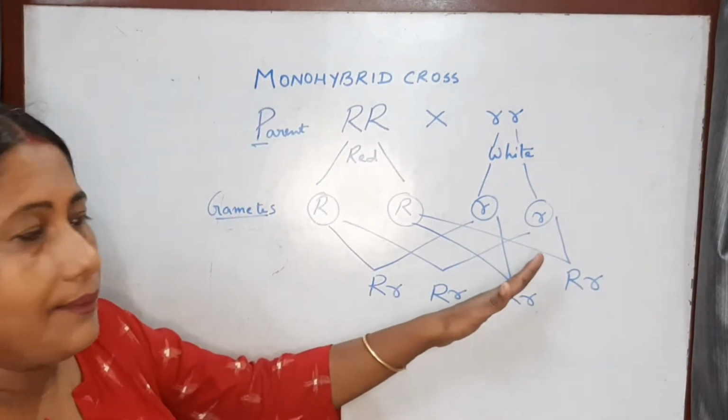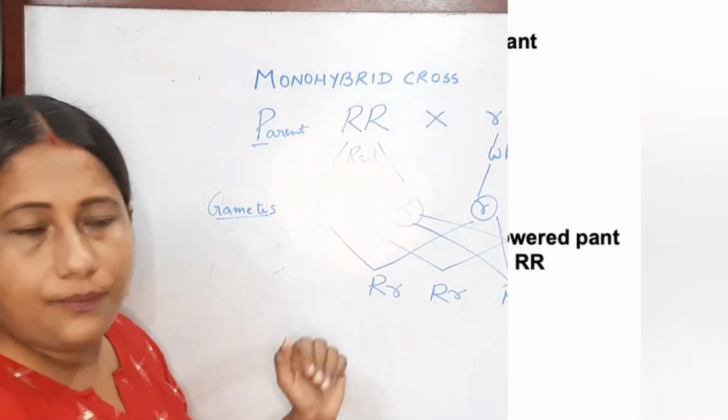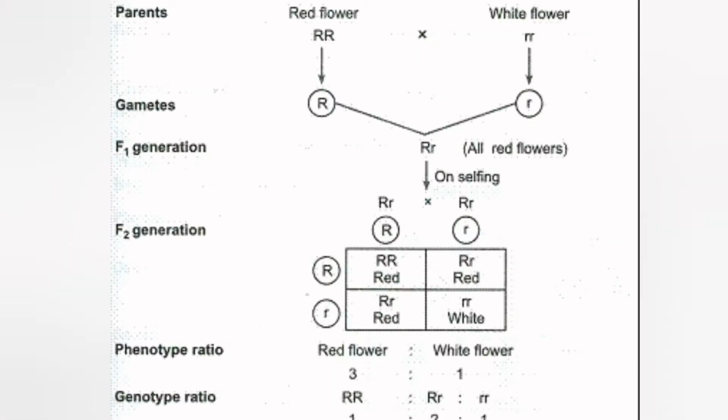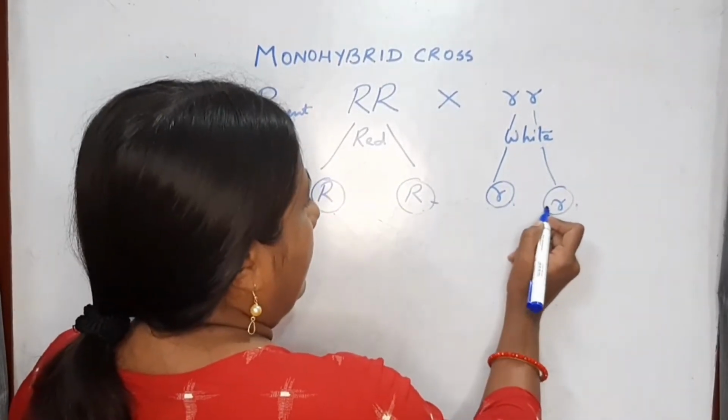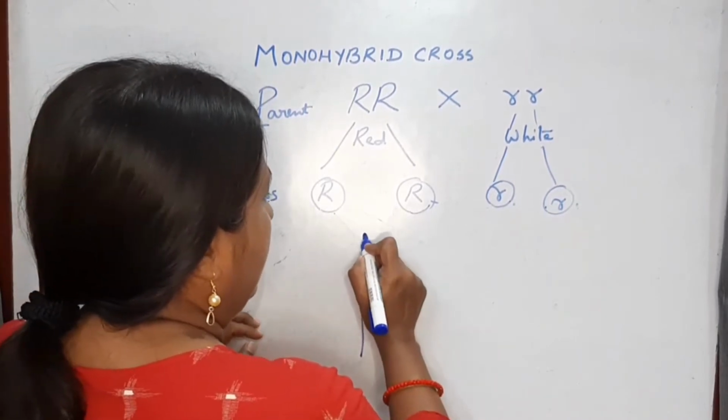So this is one way, or else you can do one thing. I am showing you. You will draw a Punnett square.